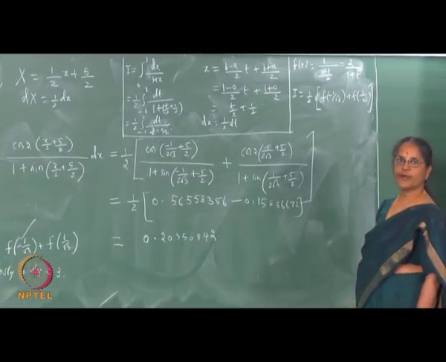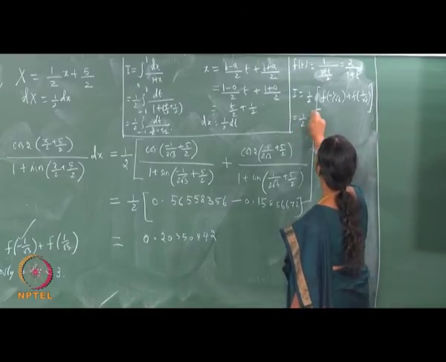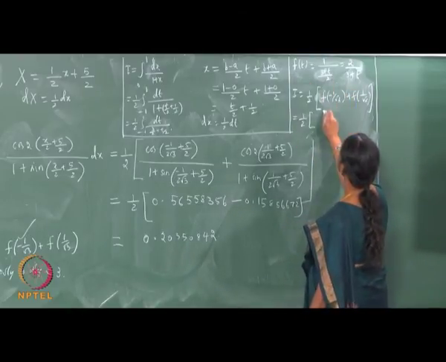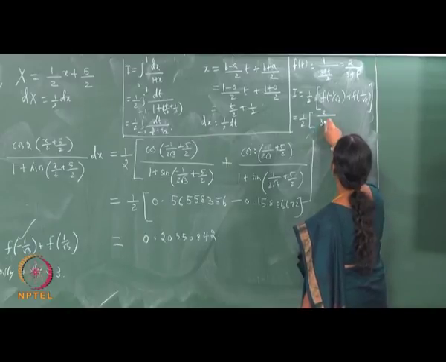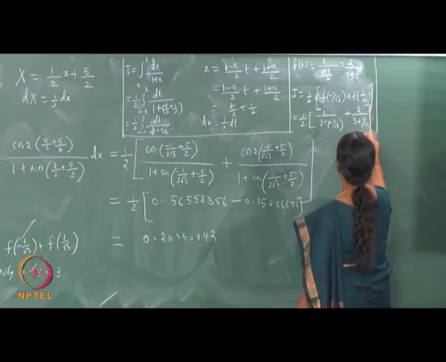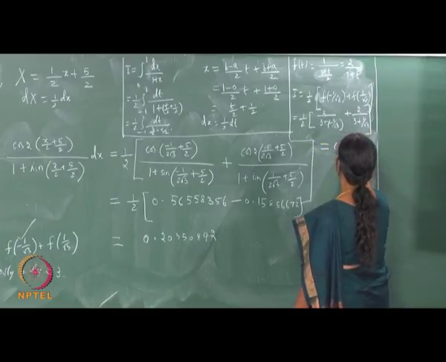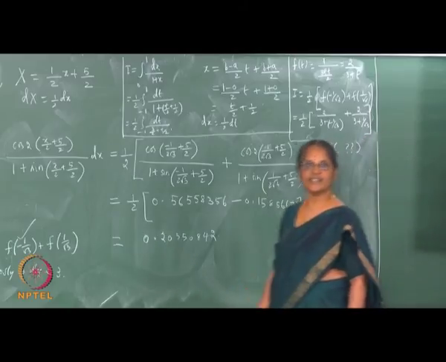That is the Gauss 2-point method. So, that will give you half of, we know what the function is, 2 by 3 plus t with t equal to minus 1 by root 3, plus 2 by 3 plus t with t equal to plus 1 by root 3. Simplify this and write down what the value of the integral is.